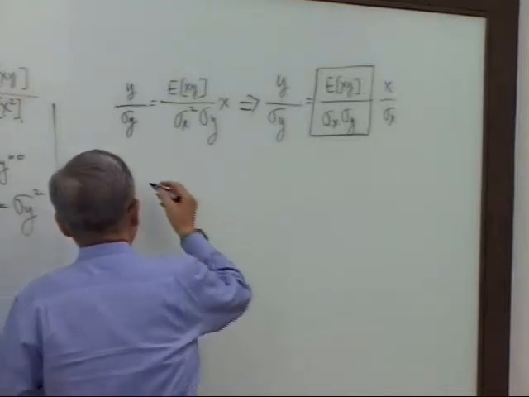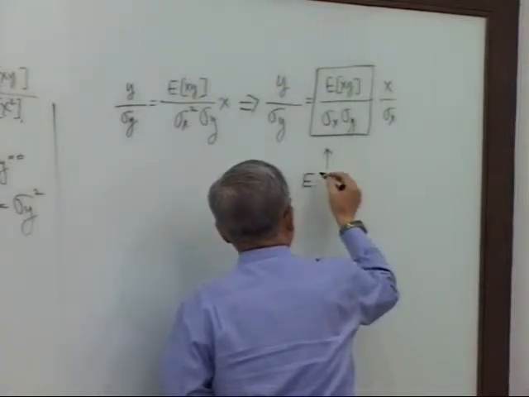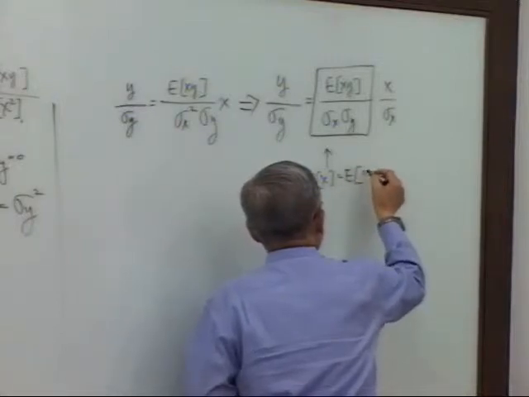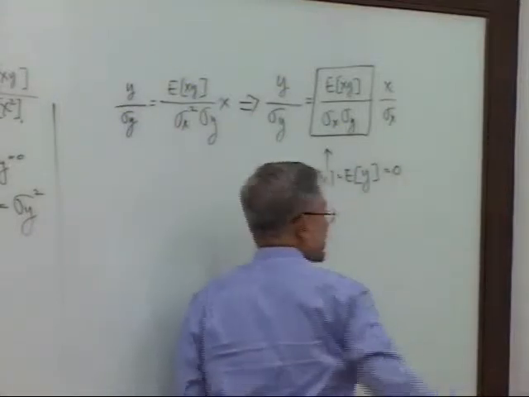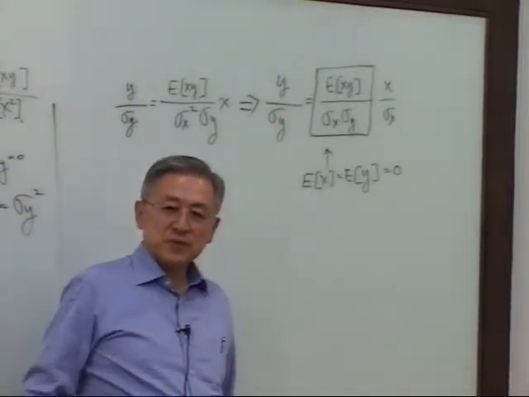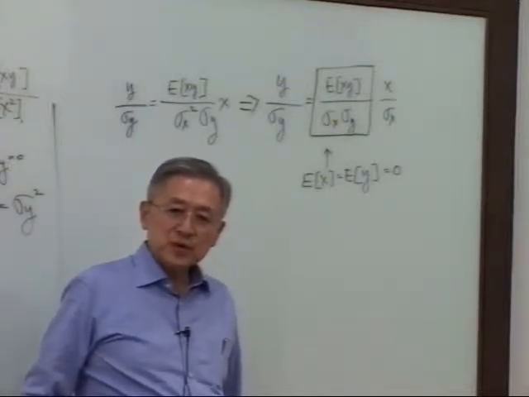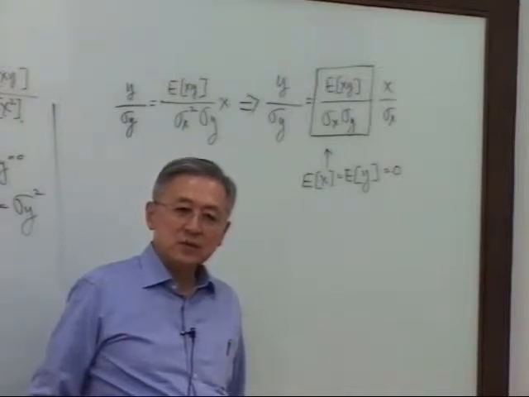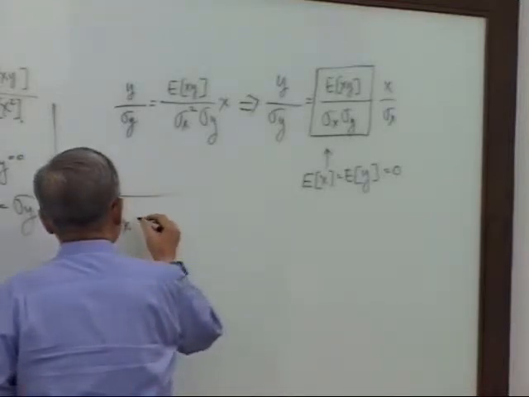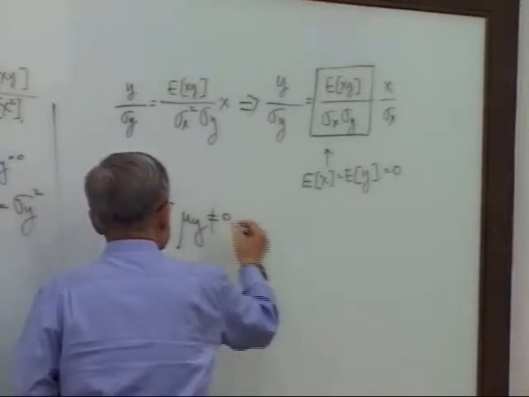Okay, so now in this situation, E[X] and E[Y] are equal to 0. That's what we did when we reset the curve from the beginning, so I can claim that. What happens if mu x and mu y are not equal to 0? Let's say mu x is not 0 and mu y is not 0.